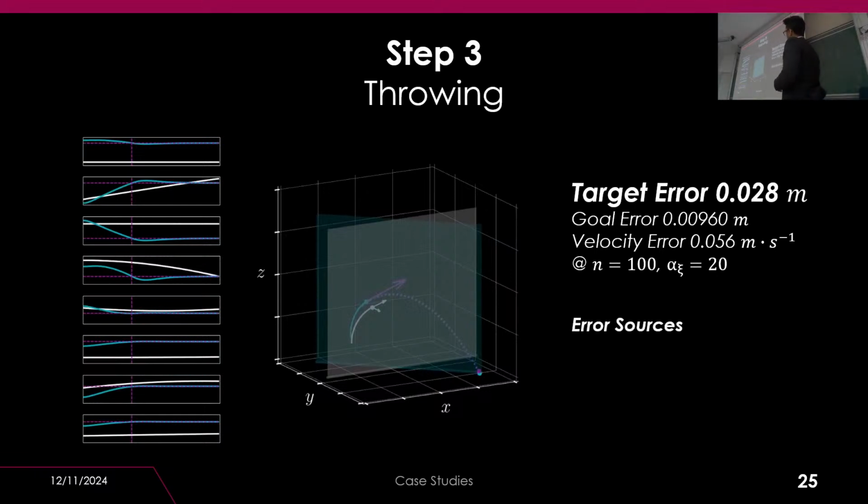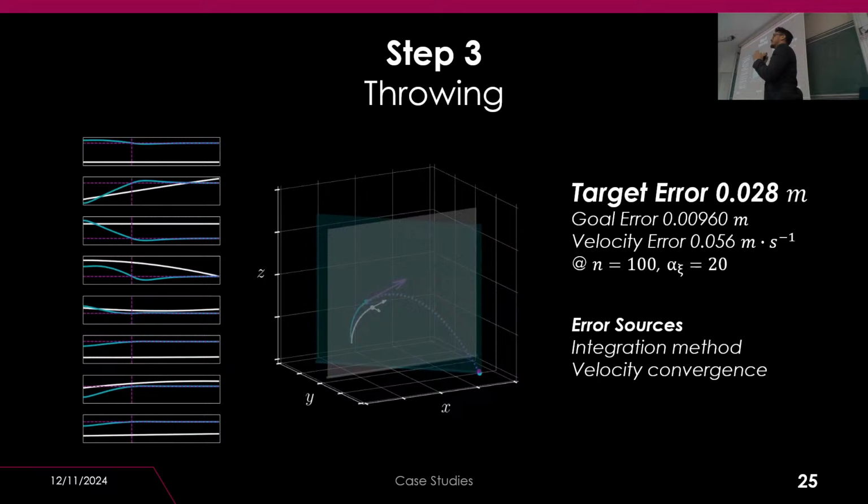Now, this error may come from 3 potential sources. Integration method, because the method is based on Euler integration, very crude, very basic, so not optimal per se. Velocity convergence, since the method is not adapted to converge towards a given velocity, so it's only adapted to converge to a goal.